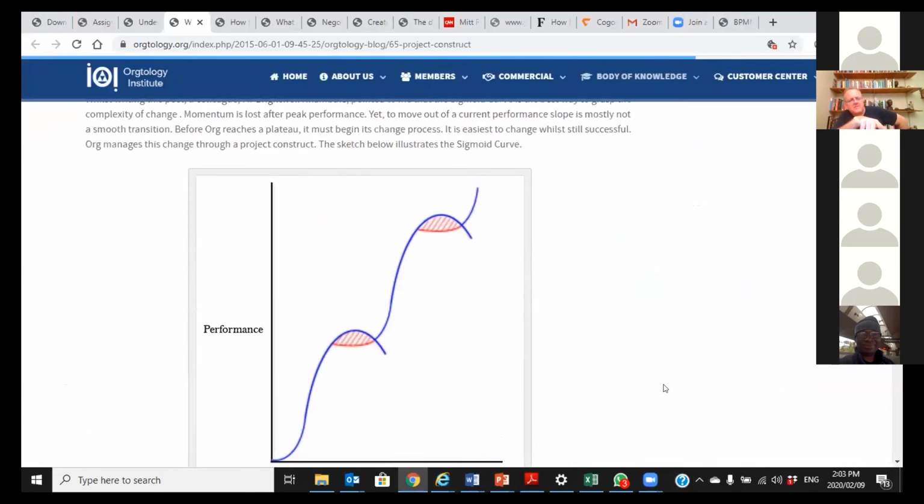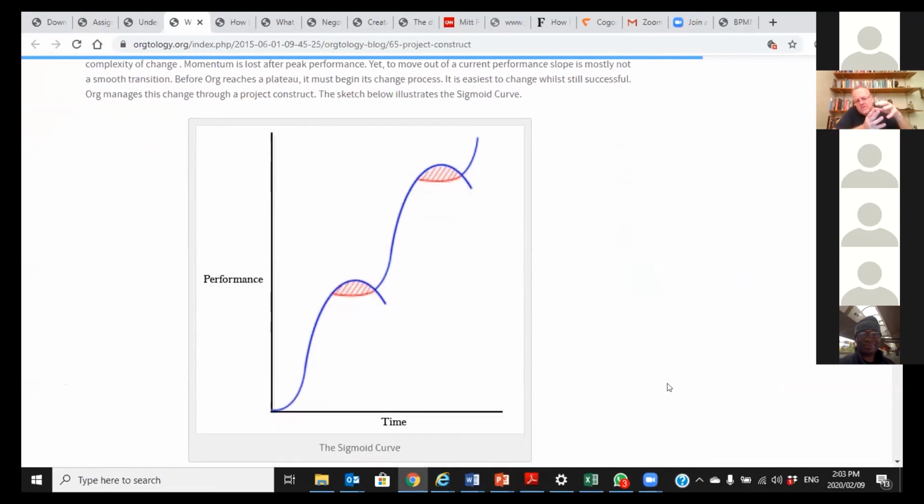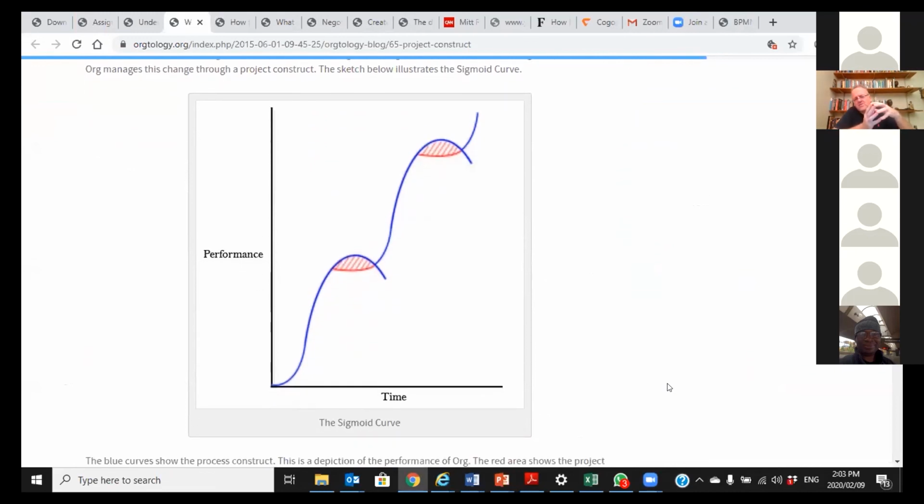Brightwell actually pointed this out to me during consultation, that your project and your process construct, where they come together, the blue is your process construct. So that's your operations. Your strategy and your projects, that's the red part.